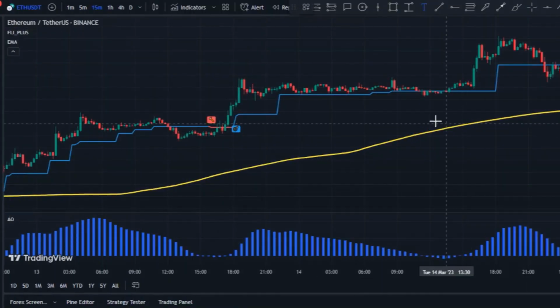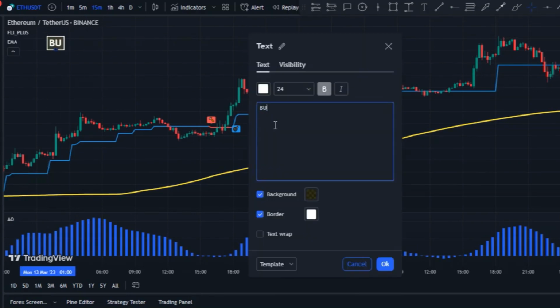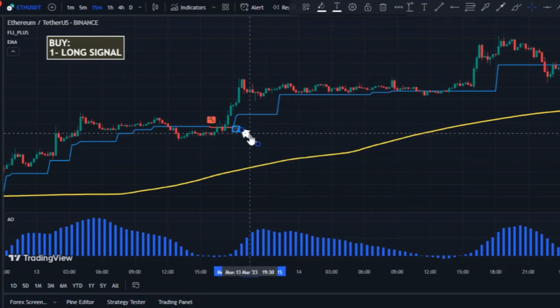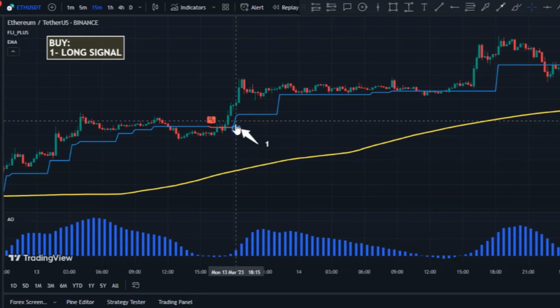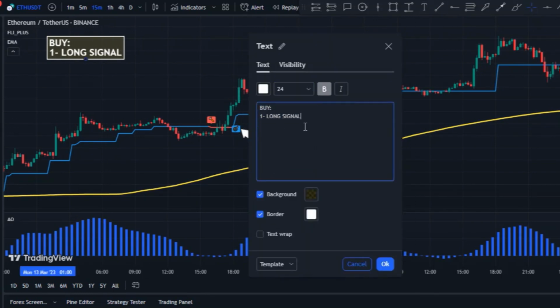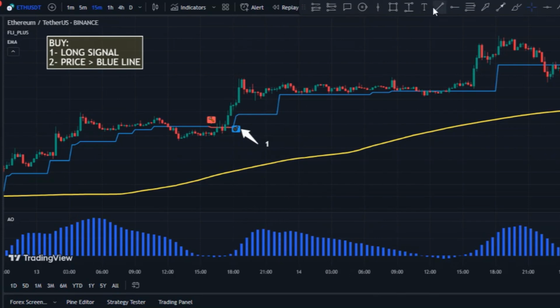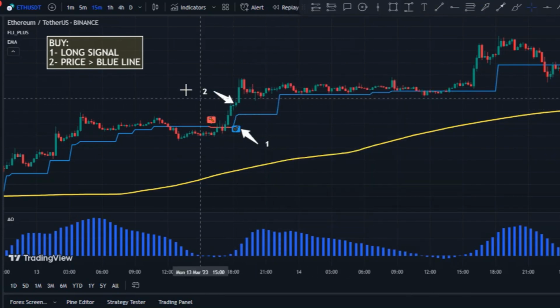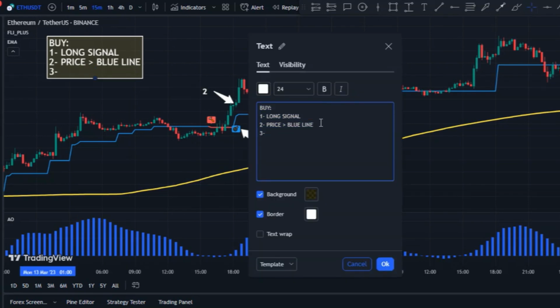So to enter a long trade, you should wait for a buy signal to be issued first. After that, make sure that the price action is above the blue line. Then confirm the trade by checking that the histogram of the AO indicator is above the 0 level.